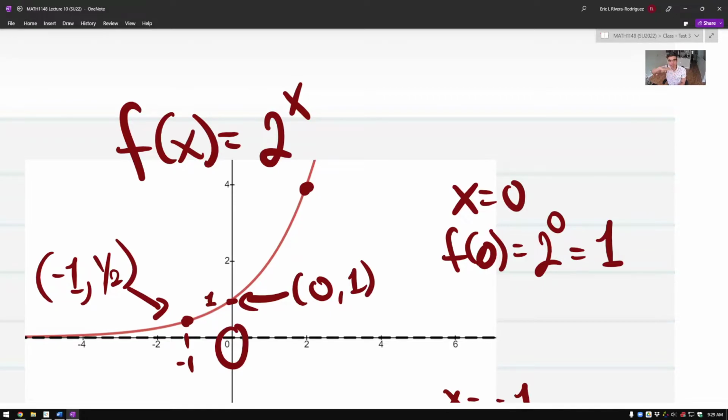Because there is no possible way, algebraically speaking, to get a negative value out of 2 raised to the power of x. And that is the reason for the 2 regions, where we are going to have the curve of the function and where we are not going to have anything. All the values we receive for the function are going to be positive, and no negative values.